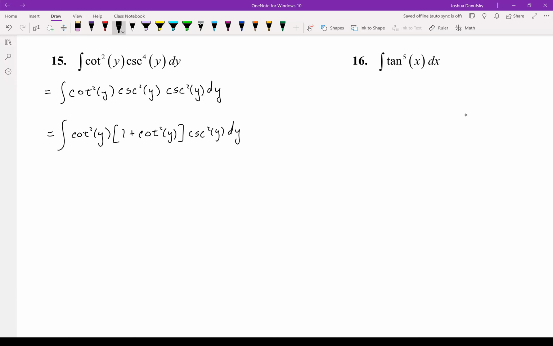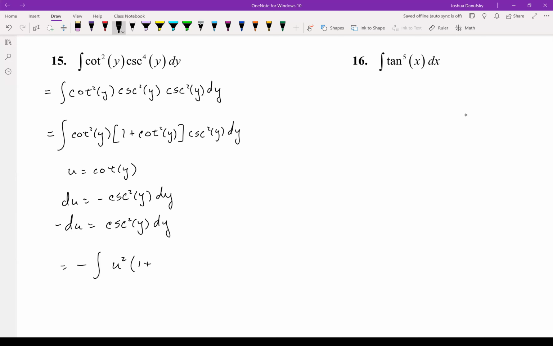And now we can let u equal cotangent y. Du is equal to negative cosecant squared y dy. So negative du is equal to cosecant squared y dy. So that's going to give us negative integral. We're going to plug in our u for all of our cotangents, right? So we have u squared.